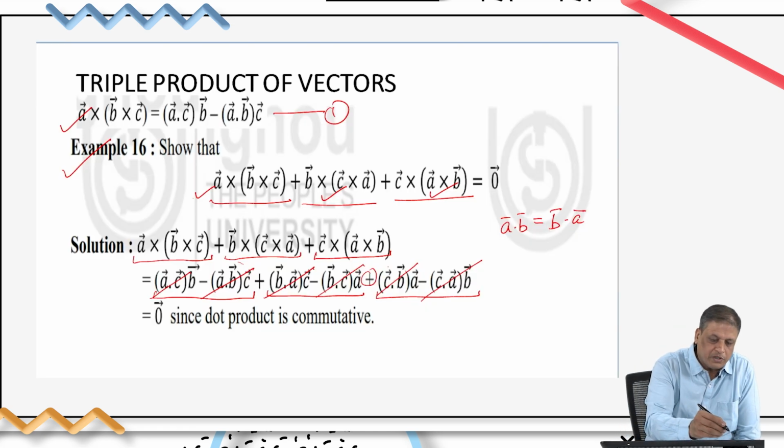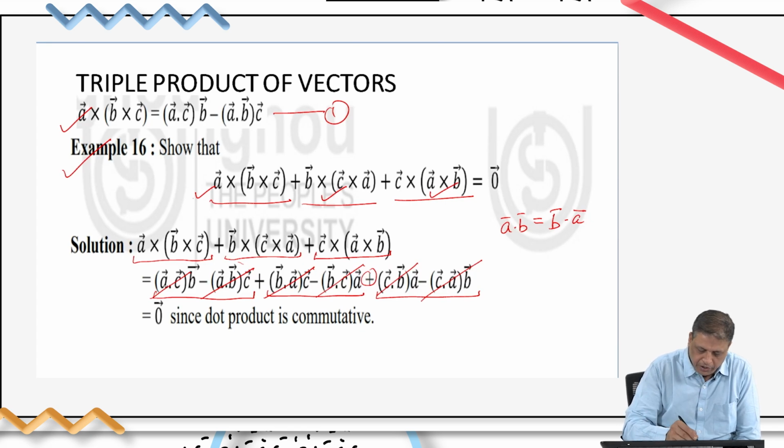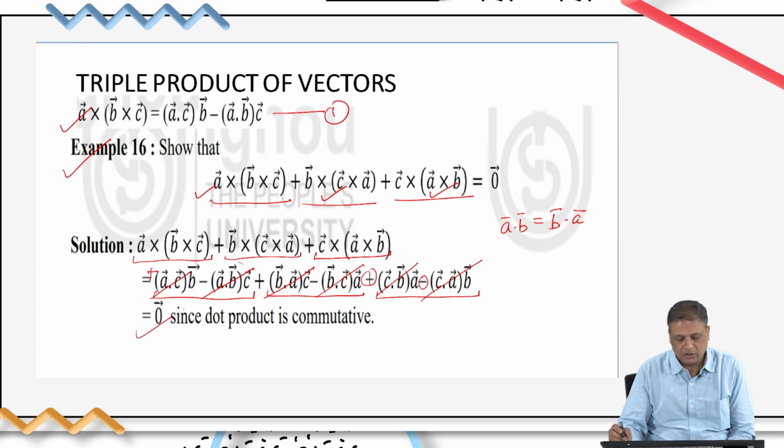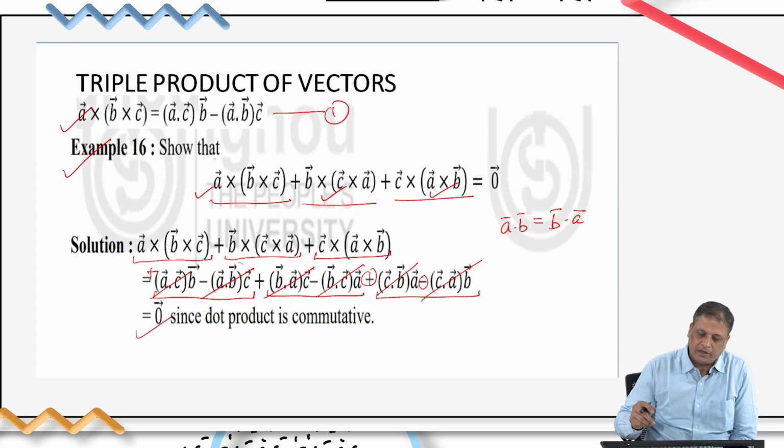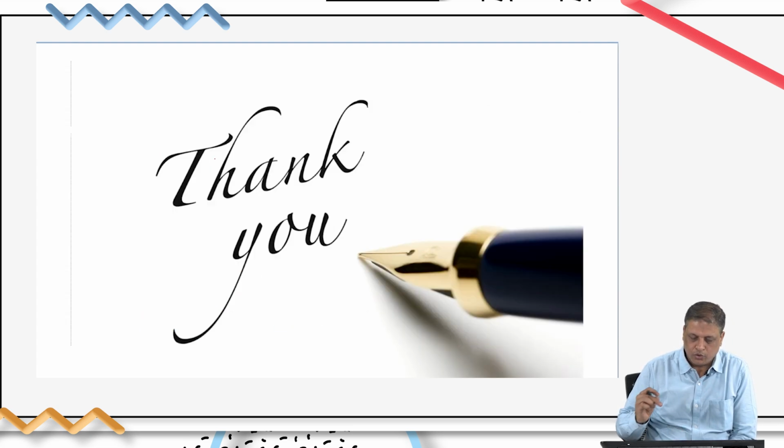The signs are always opposite, because in one the term is positive, but in the other it is negative. So, they cancel out, as a result of which the result turns out to be 0. So, this is verified and it is shown that this is true.